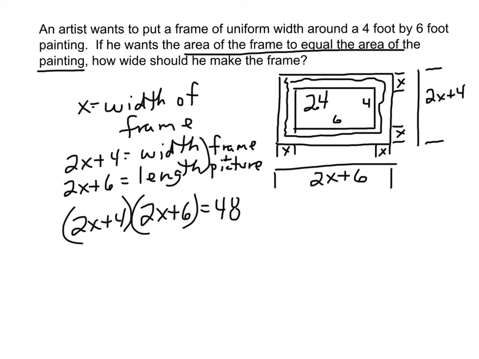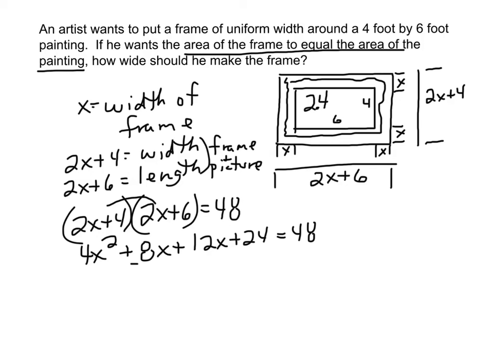Then I would go through and FOIL this. 2x plus 4 times 2x plus 6 gives me 4x squared plus 8x plus 12x plus 24, which is equal to 48. And then just going through and solving this, I can combine the 8x plus the 12x.